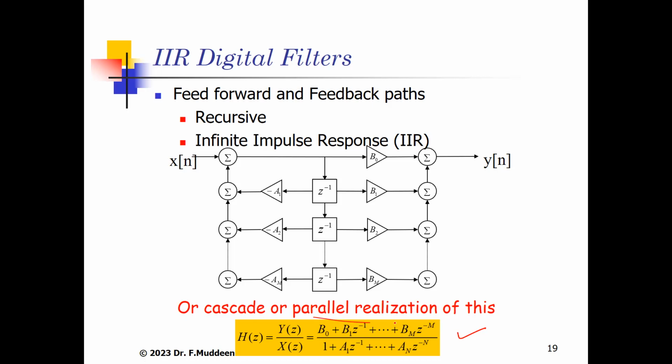So the finite response filters, like what we did last week, FIR filters only have these B coefficients. The infinite response filters have both the A and the B coefficients. These are the feedback ones here, okay?